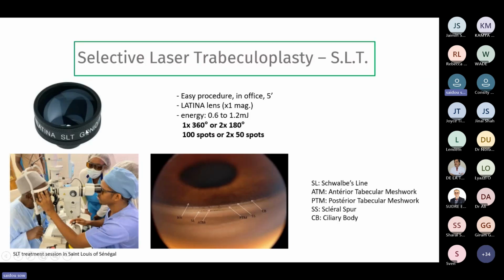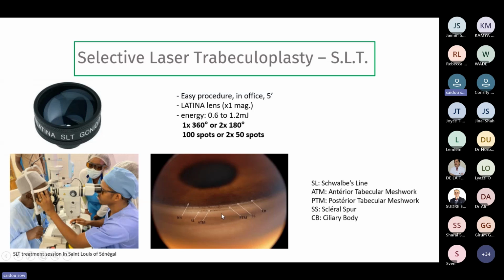So now, regarding the techniques and the protocol, how do we practically perform an SLT? It is a very simple and easy procedure that can be done even in the consultation room. In just 5 minutes, we will need just a lens to visualize the iridocorneal angle, which is here.